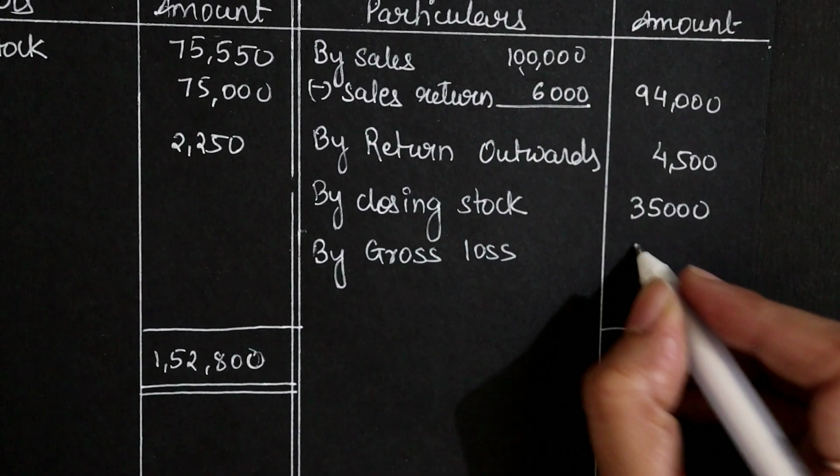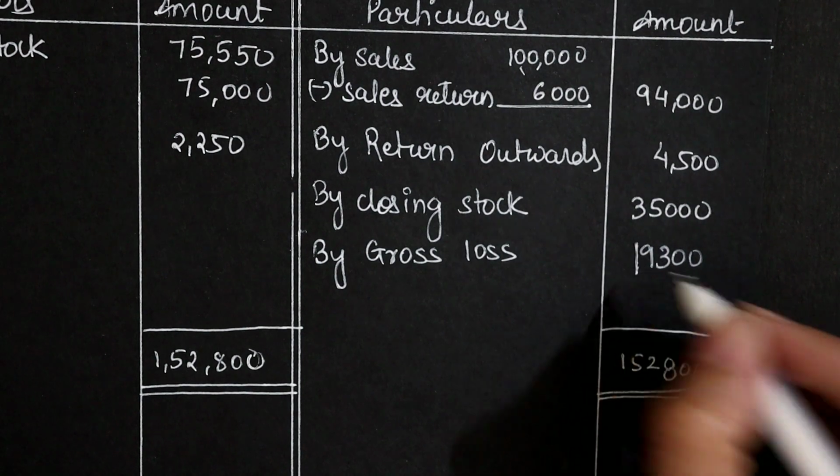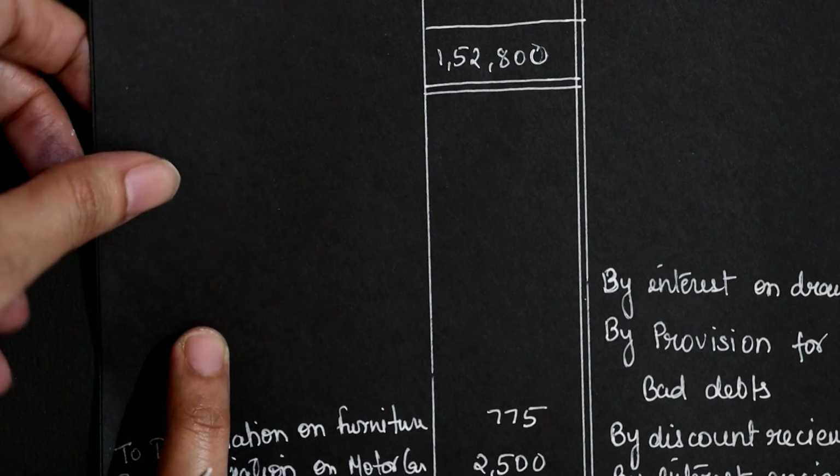Gross loss is 19,300. This will be shown on the debit side of the profit and loss account.